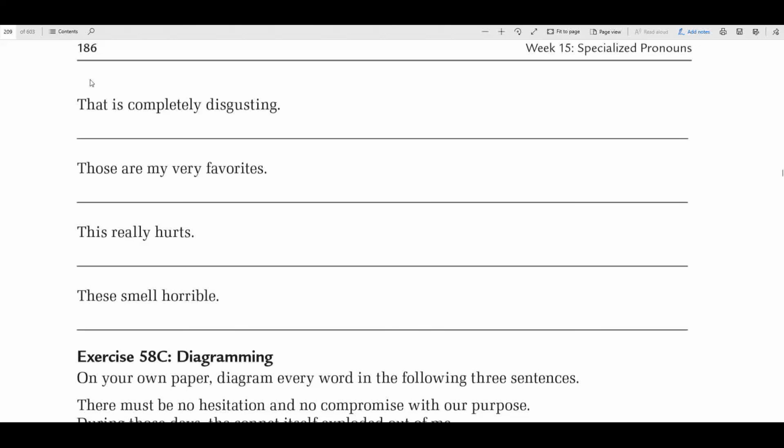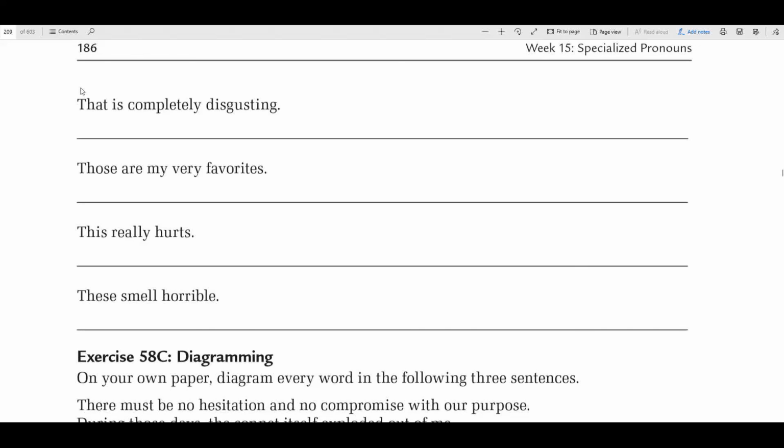And what your job is to do is to rewrite the sentence. Rather than saying that, put something else there. You could put, let's see, the dead raccoon on the side of the road is completely disgusting. You could do something like that.